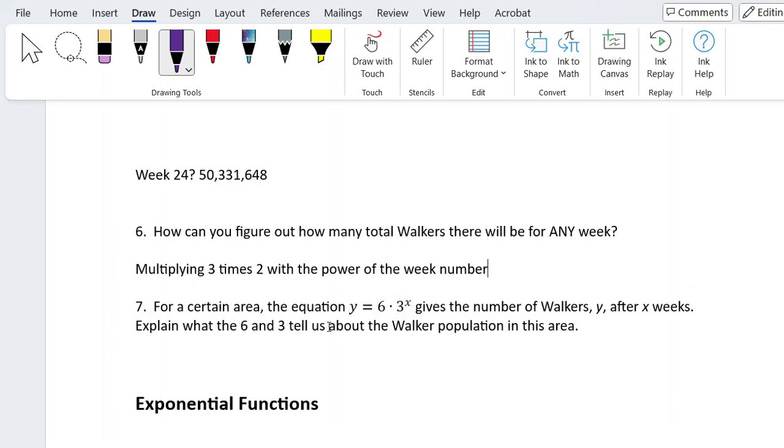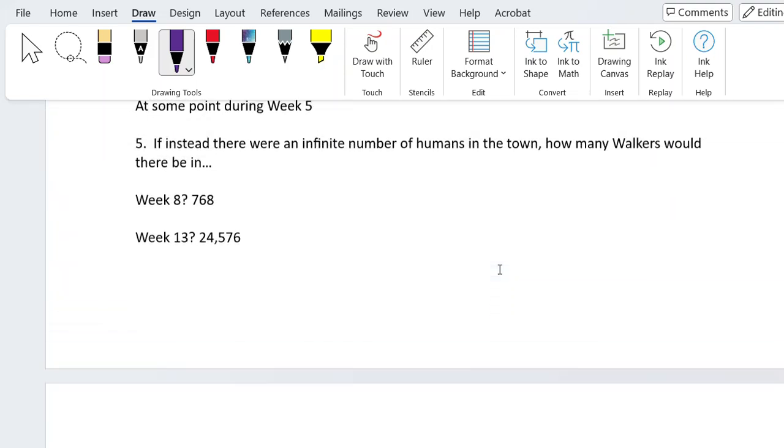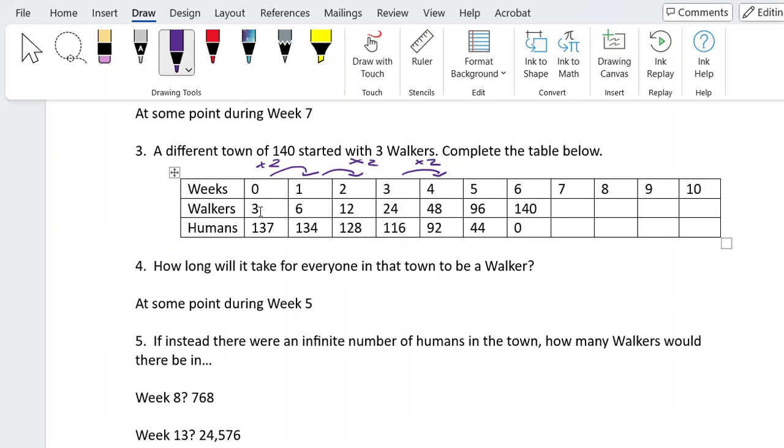And finally, for number 7, we have the equation y equals 6 times 3 to the x. So what do the 6 and the 3 tell us about the walker population in this area? Well, if we go back to what we had up here, the 3 was the initial number of walkers that we had in week 0. So that's why we only had the one factor of 3. The 2 was how much it was increasing by each week.